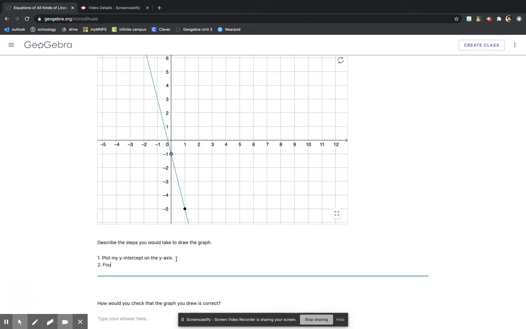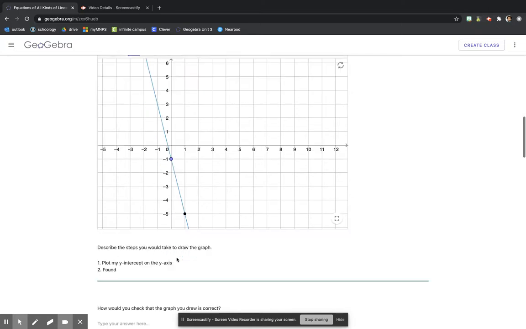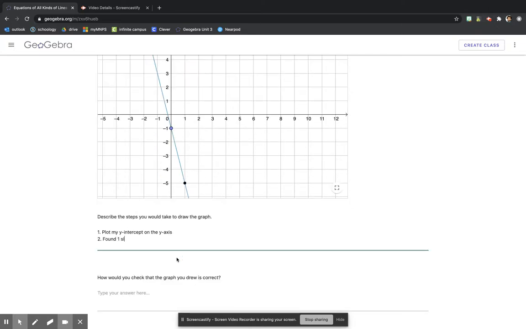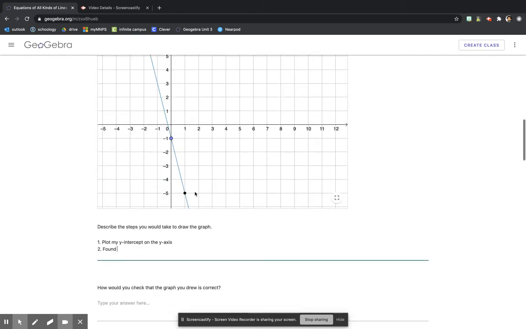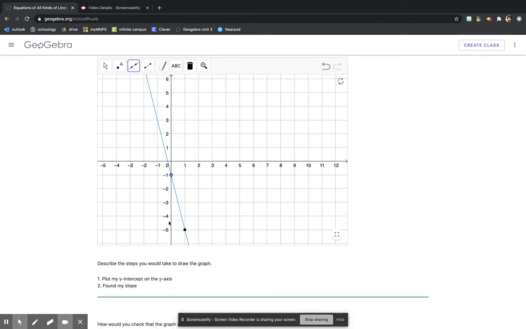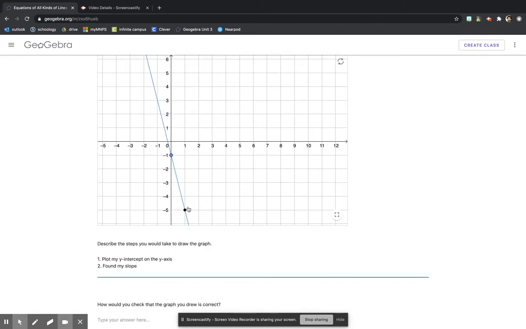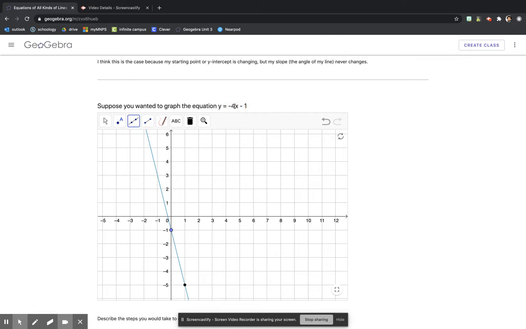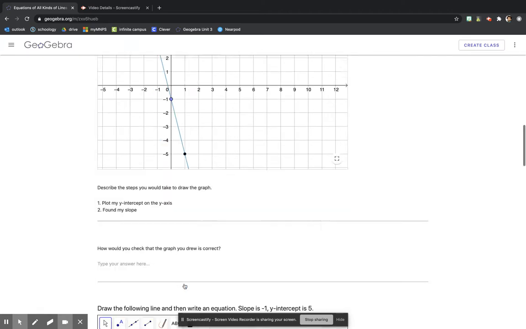My second point was, I found one slope worth of space away. So I used my slope, which is negative 4. I counted 4 units down and 1 unit to the right, because we know a slope of negative 4 means every time we move 1 step to the right, it's going to go 4 units down.